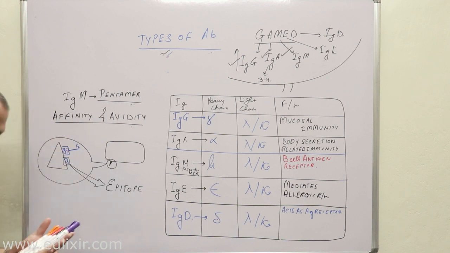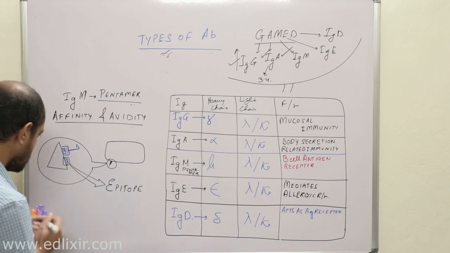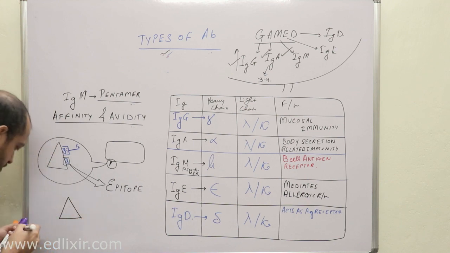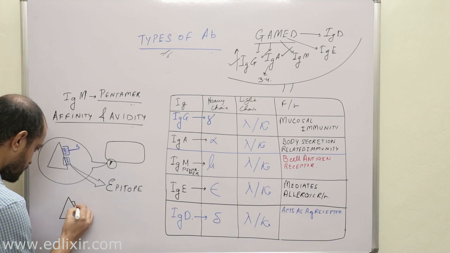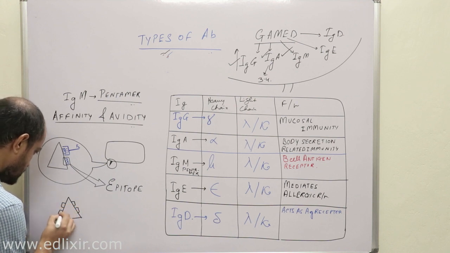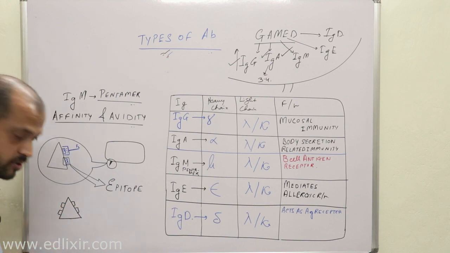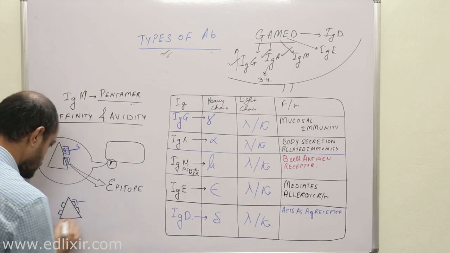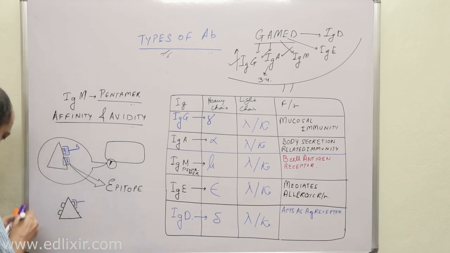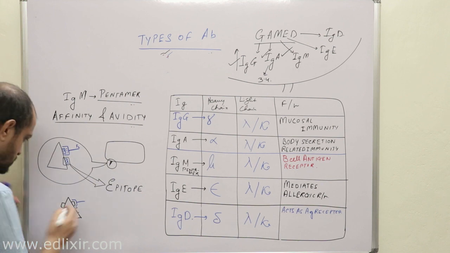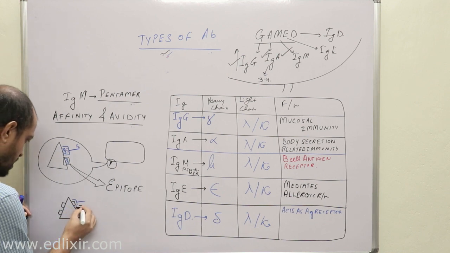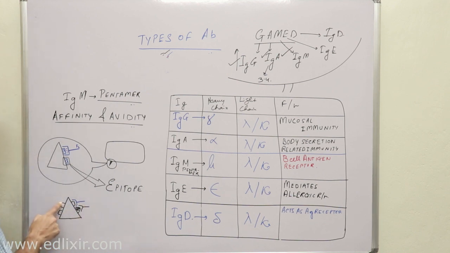But what is avidity? Suppose this antigen actually has four epitopes. So there will be 4 antibodies, right? Clear?